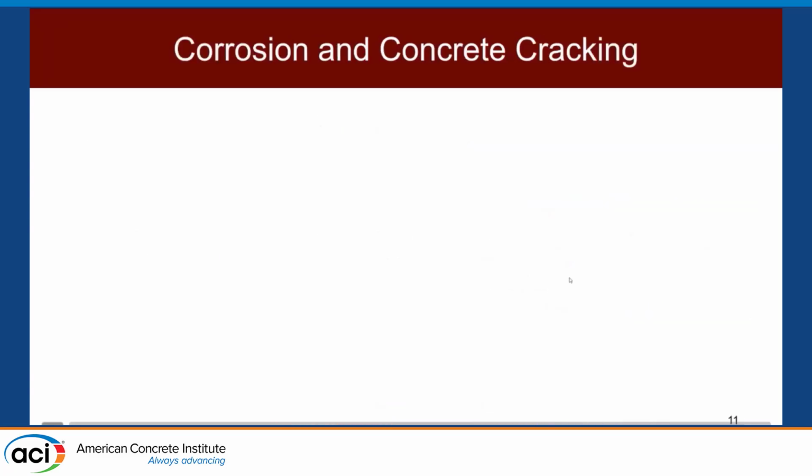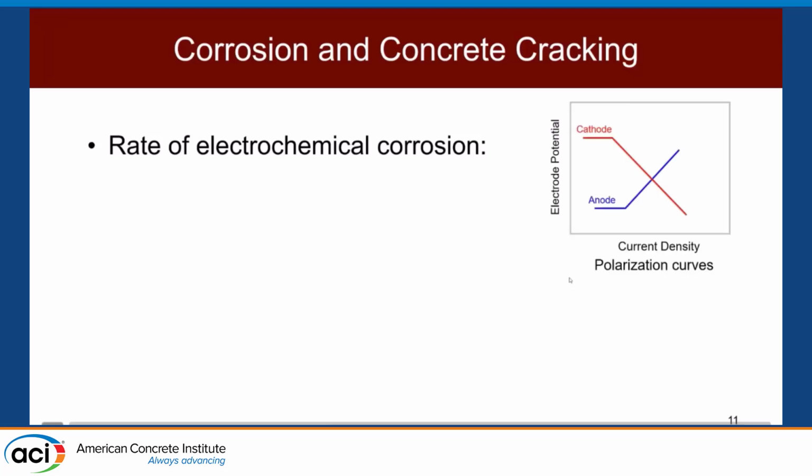Now, corrosion and concrete cracking are also accounted for in our model. The rate of electrochemical corrosion is determined on the basis of a so-called Evans diagram. I'm not going to enter into much detail, but we have so-called polarization curves corresponding to the anode and cathode of these diagrams. The anode is basically the steel bar or strand that undergoes corrosion, and we have the impact of increasing chloride content on this diagram accounted for.